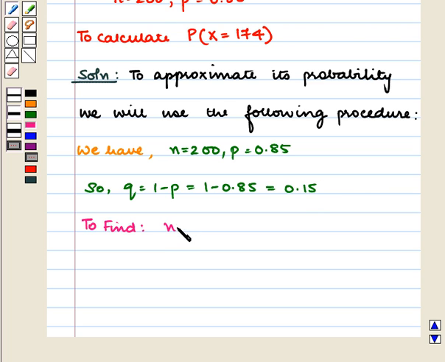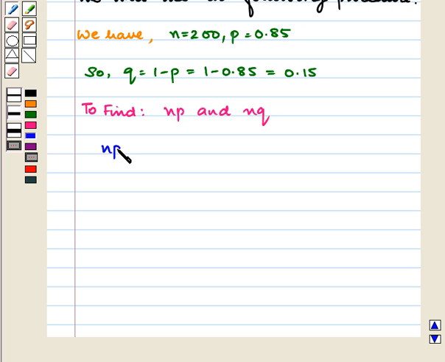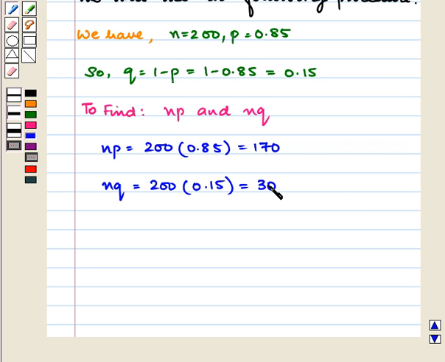Now we calculate np and nq. np is equal to 200 into 0.85, which is equal to 170, and nq is equal to 200 into 0.15, which is equal to 30.